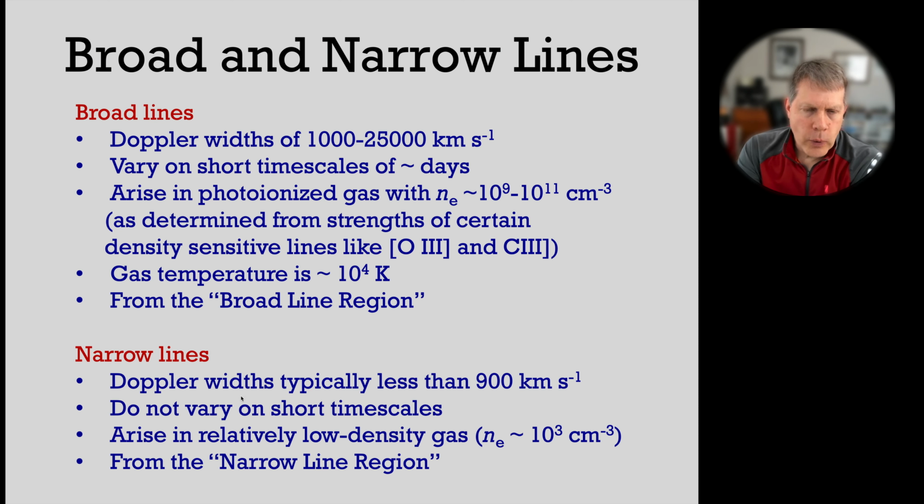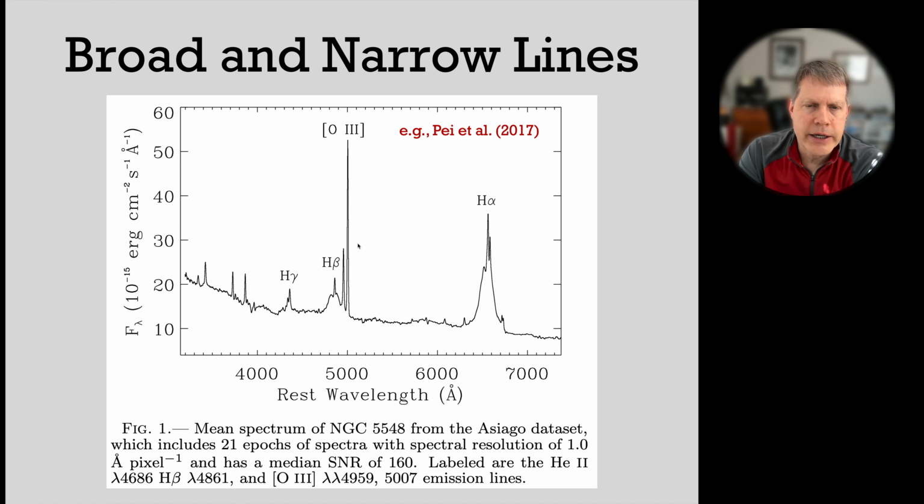They have Doppler widths typically less than about 900 kilometers per second, where for comparison, the broad lines have Doppler widths of like 1,000 up to 25,000 kilometers per second. And you can see that distinction in this spectrum. Here, for example, you can see the very different profile of the forbidden O3 lines here compared to H beta and H alpha and so on.